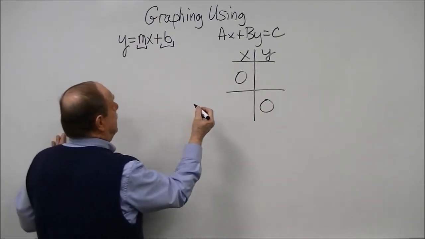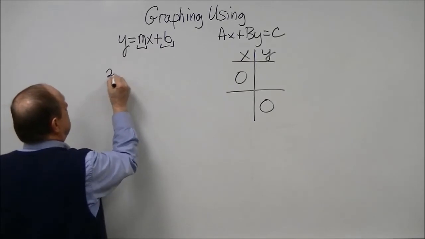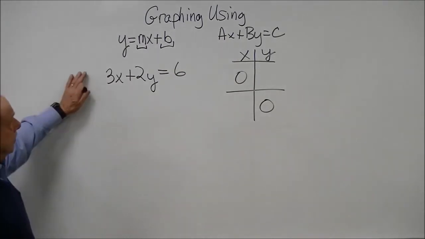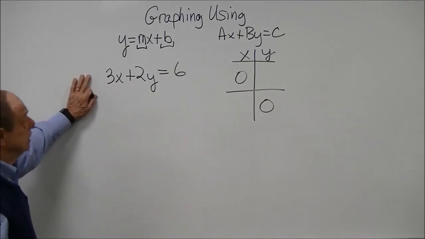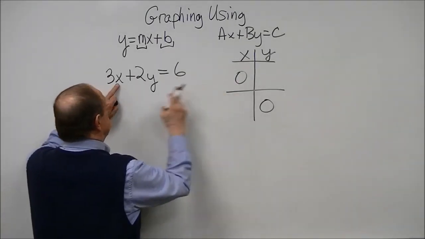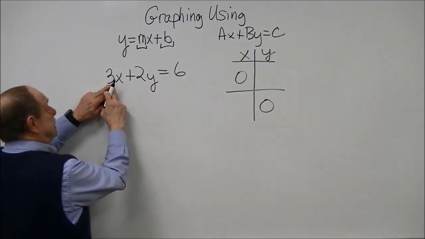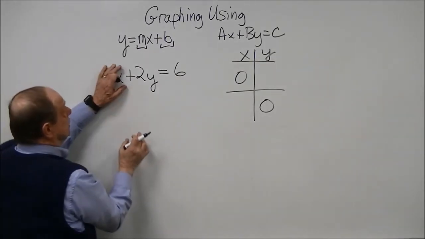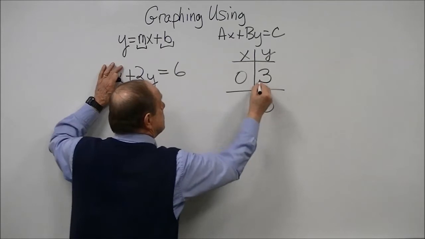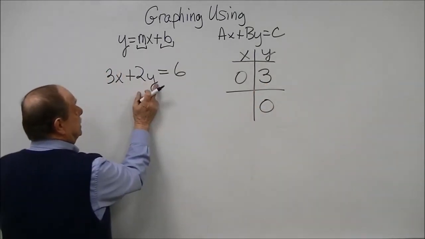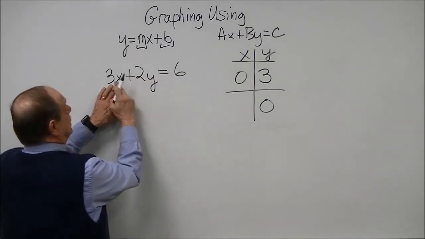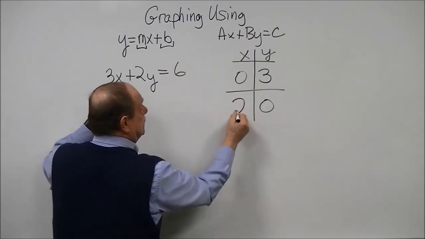So if you have an equation, let's say 3x plus 2y equals 6, which is in standard form, what you're going to do is replace the x with the 0. This gives you 3 times 0. This makes this term a 0. And now you solve for the y, which will be 3. And if y is 0, 2 times 0 is 0. You're going to divide both sides now by 3 and get 2.